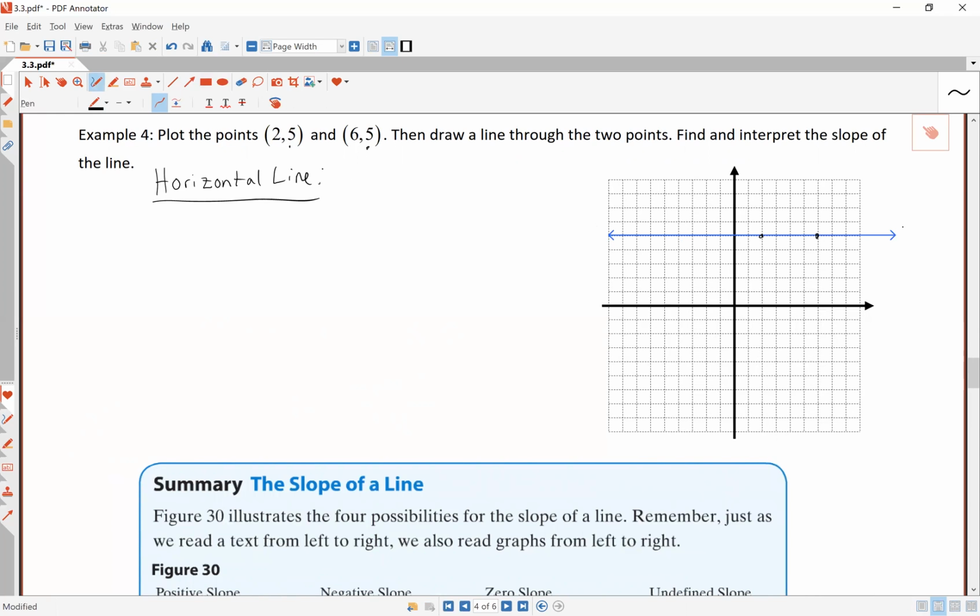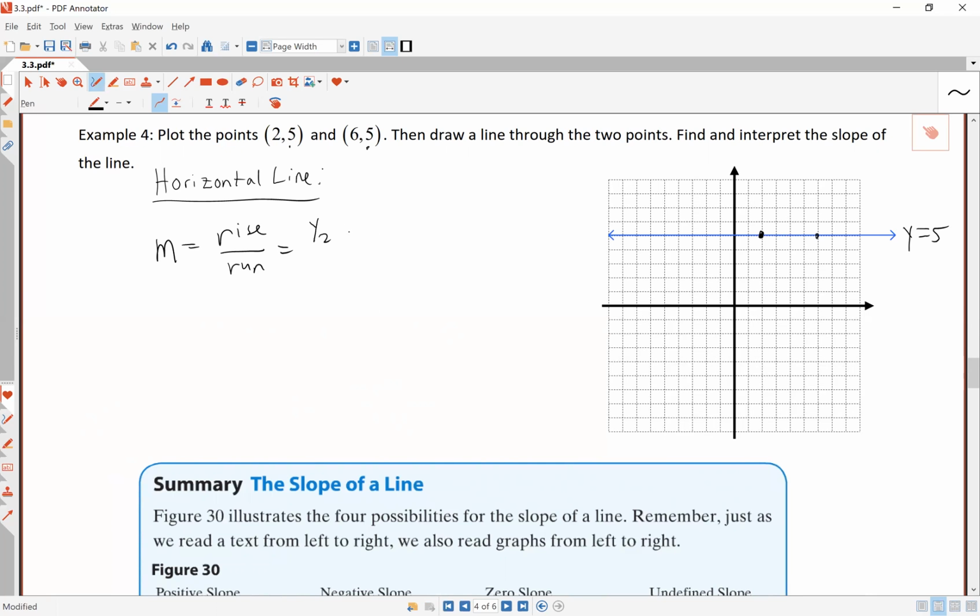In fact, we call it the horizontal line y equals 5. In this problem, we're all run and no rise. We're running 1, 2, 3, 4, and 0 rise.